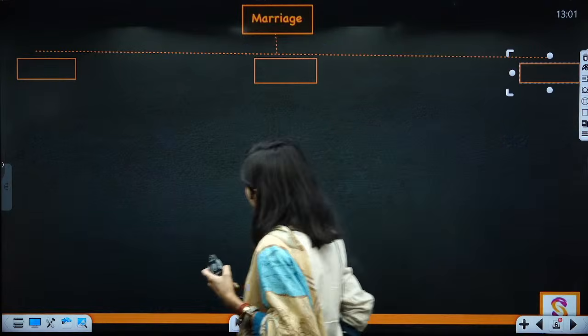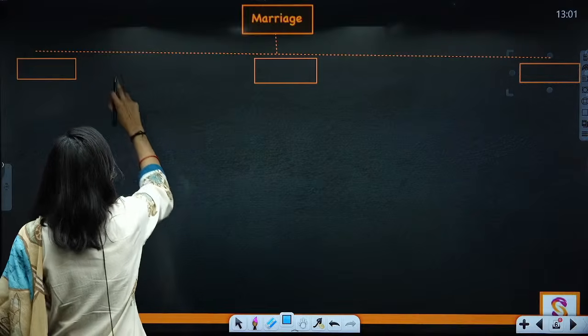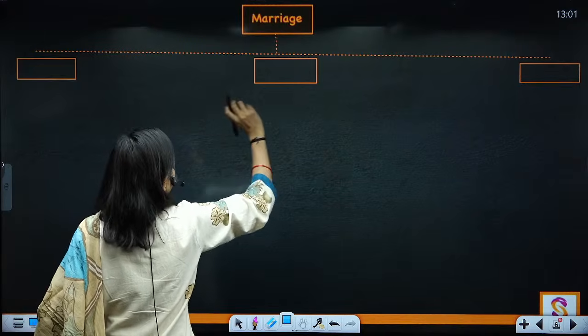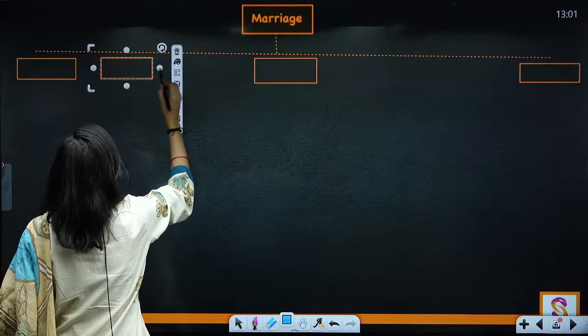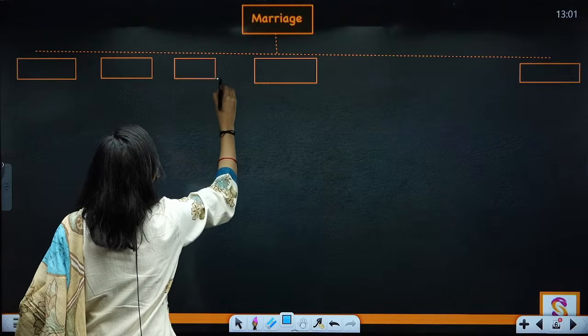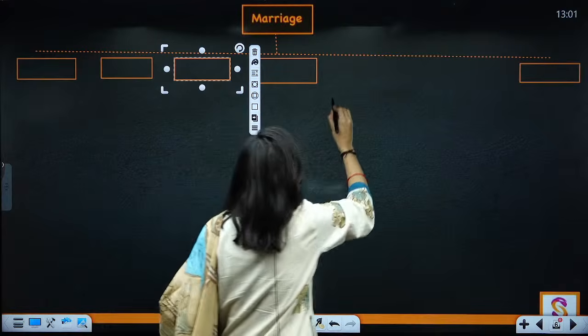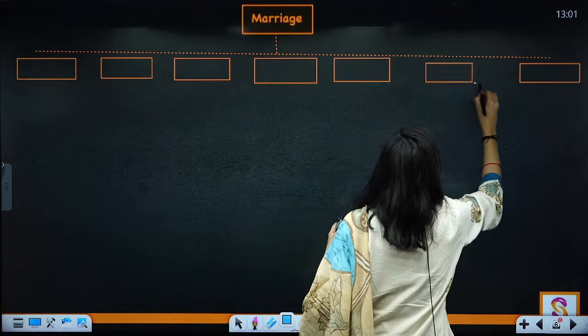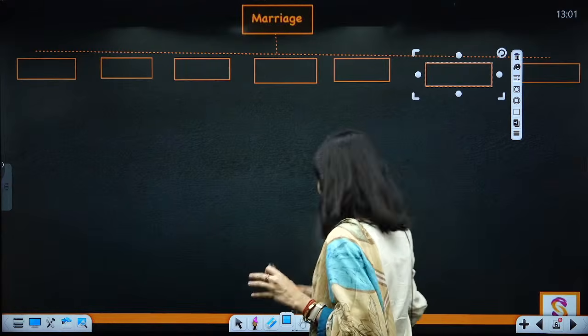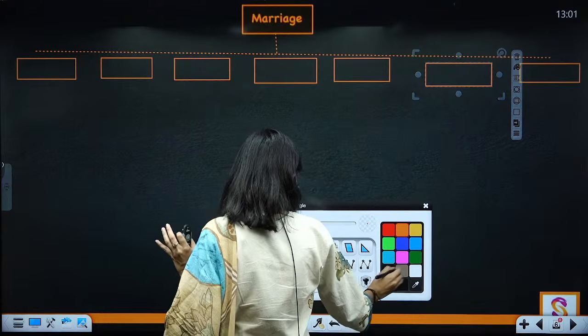Okay, so we have to create 7: 1, 2, 3, 4, 5, 6, 7. Okay, so this is what we have to create.